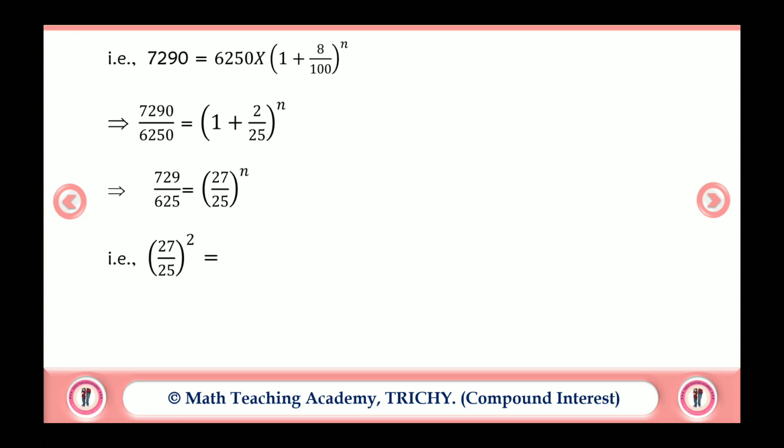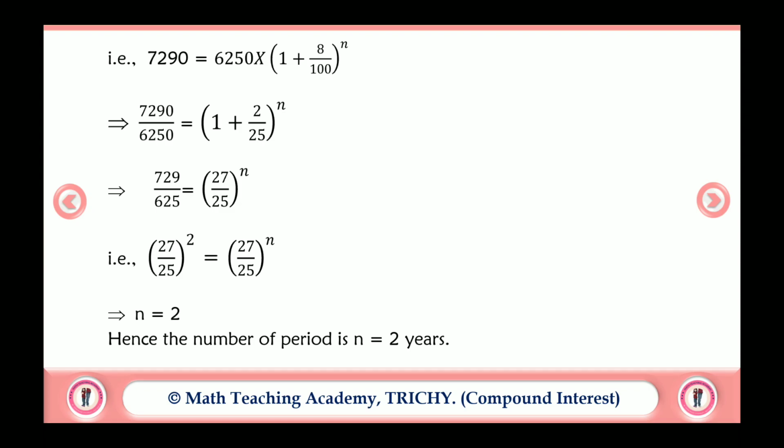So which implies 25 squared is 625 and 27 squared is 729. Therefore 729 divided by 625 can be written as (27 by 25) whole squared, which is equal to (27 by 25) whole power n. So which implies n is equal to 2. Hence the number of periods, that is the number of years, is 2 years.